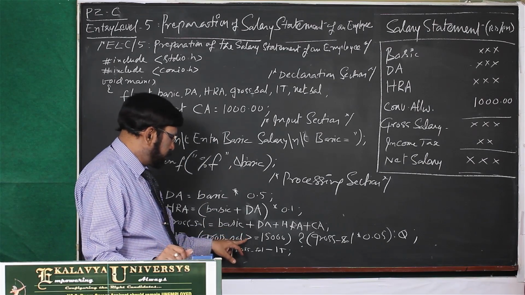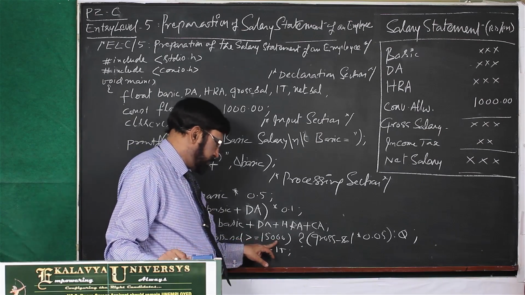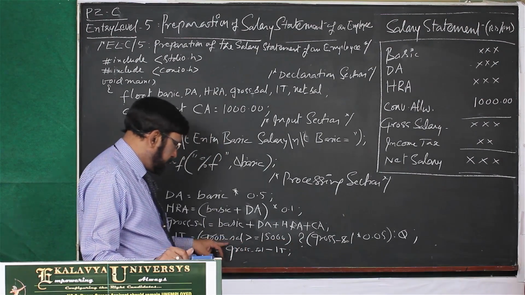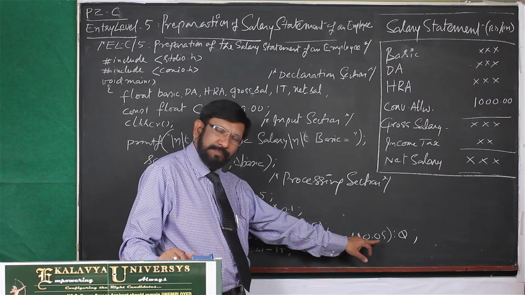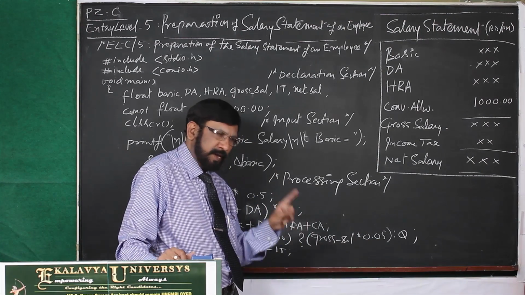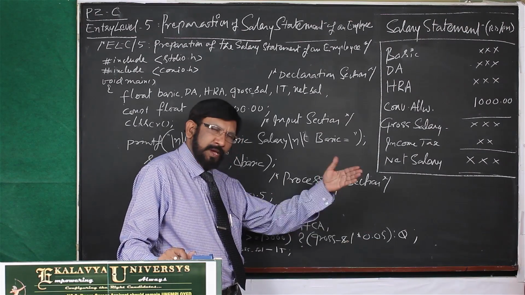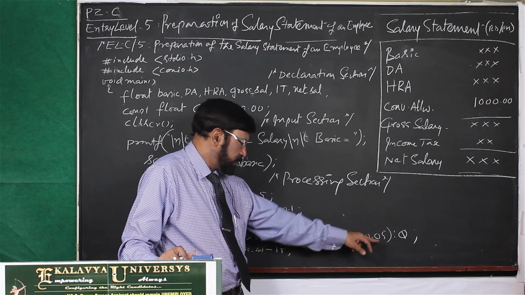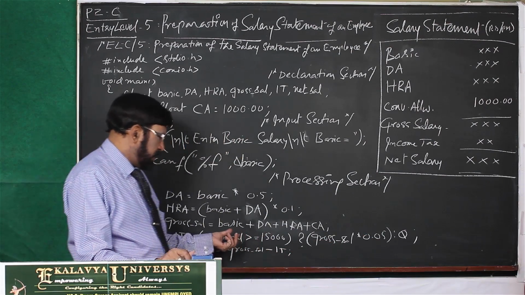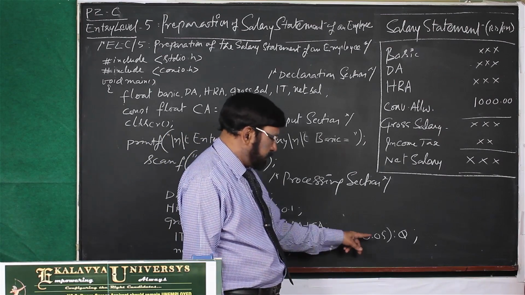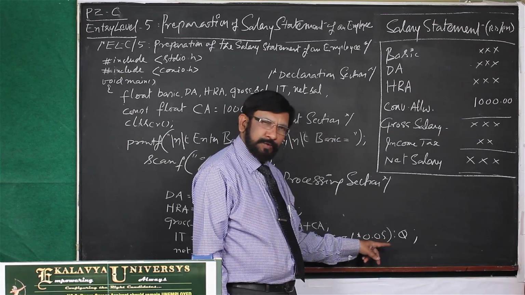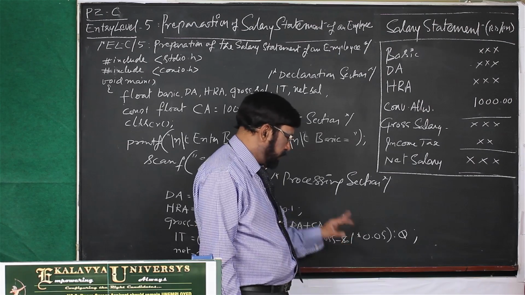That's why you have to use greater than or equal to 15,000. And if it is true, gross salary into 5%. Already told you 5% should be represented as 5 by 100, that means 0.05. If gross salary is 15,000 or more, gross salary into 0.05 is the income tax provision.